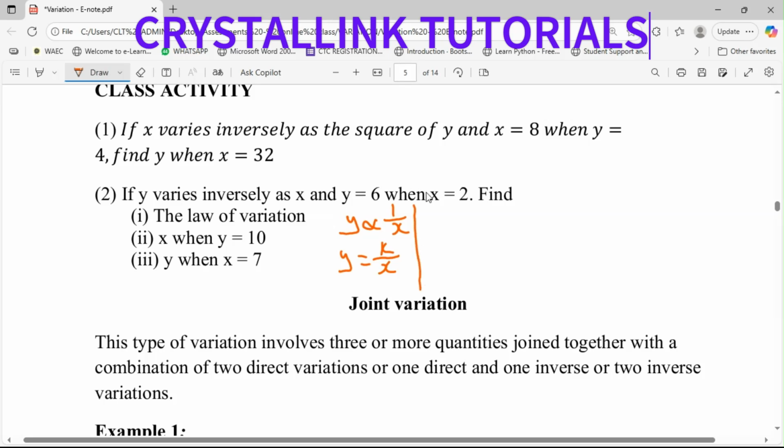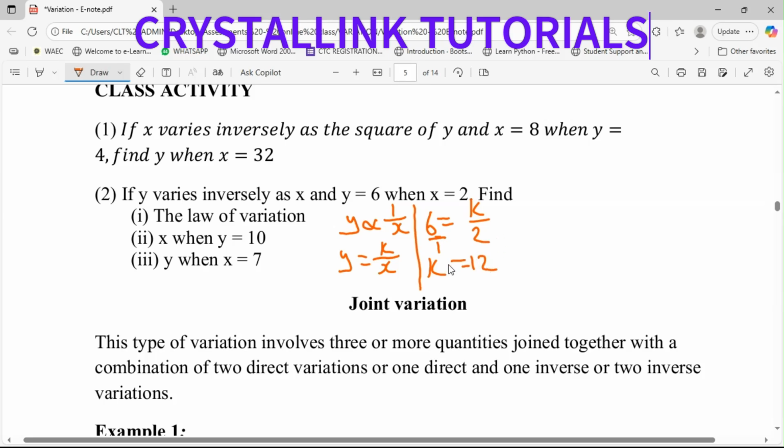Then y equal to 6 when x equal to 2. So in place of y, I put 6 equal to k over 2. Cross multiply, right? So I'll have k equal to 12, because this is over 1. K times 1 will give me k, 6 times 2 will give us 12.